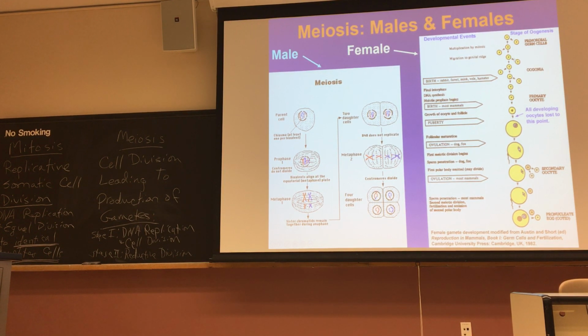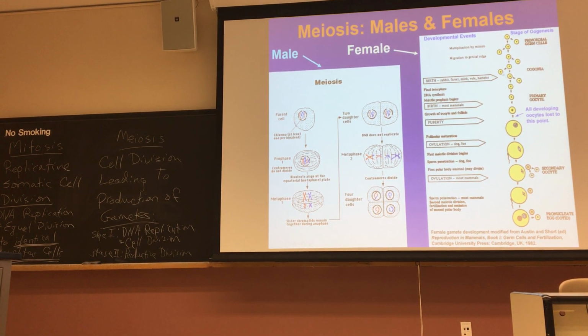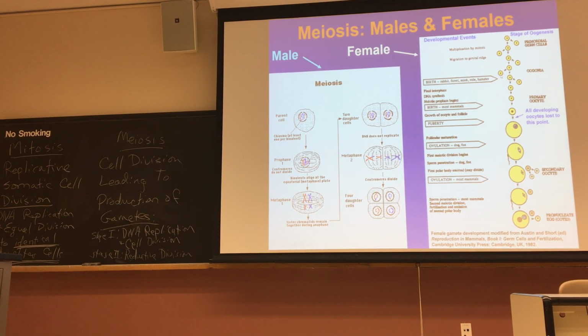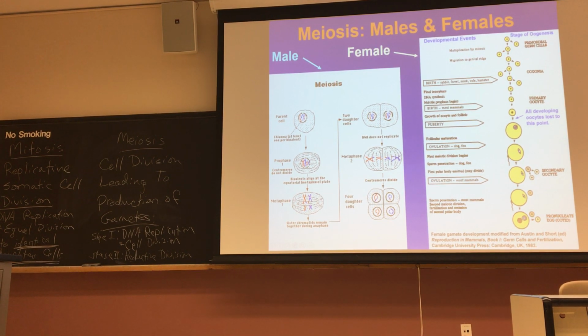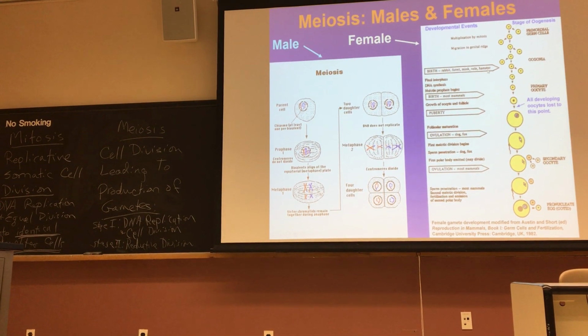These oogonia stop mitotic replication before birth normally, or just about the time of birth in a few species.